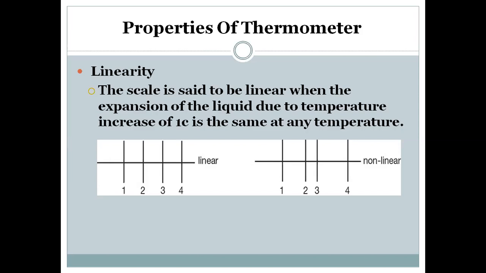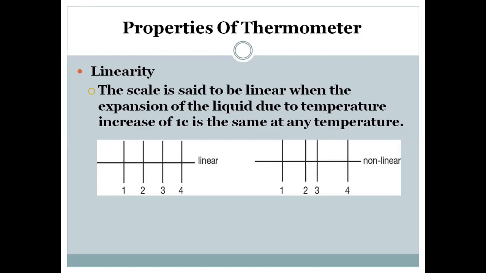So linearity is there in a thermometer if the liquid in the bulb expands at a constant rate for every 1 Celsius increase in temperature. If the expansion rate is constant every 1 Celsius, we can say that the thermometer is linear.